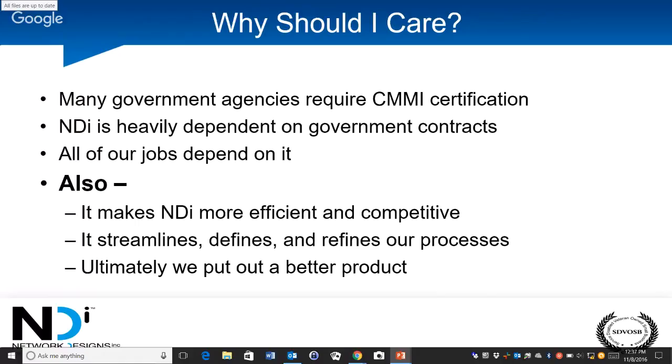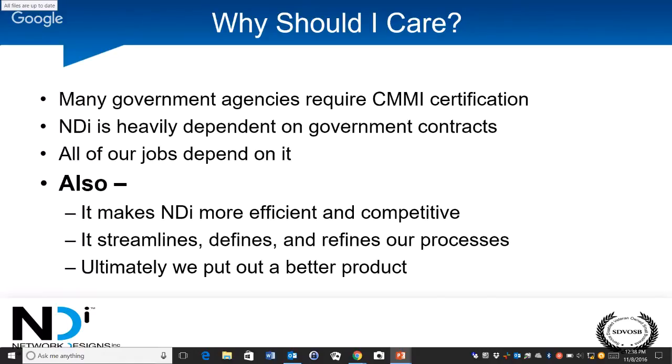They are requiring certain levels of certification, and they require you to have it in order to even be able to bid on a contract. Furthermore, NDi as a firm is heavily dependent on government contracts. So it's very important that we maintain these CMMI maturity levels. When it gets down to the nuts and bolts of it, all of our jobs really do depend on this.